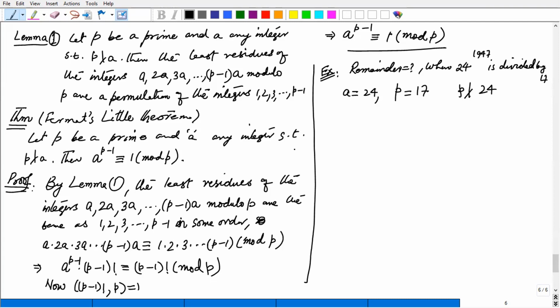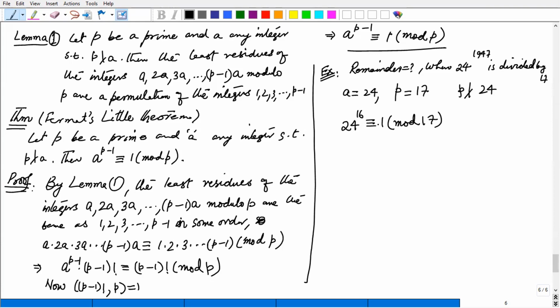And by using it, 24 to the power p minus 1, p is 17, so 17 minus 1 is 16, is congruent to 1 modulo 17. So it means whenever 24 to the power 16 is divided by 17, the remainder is 1.